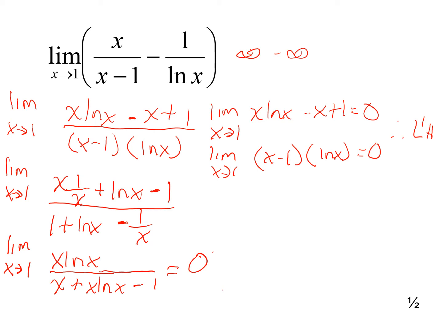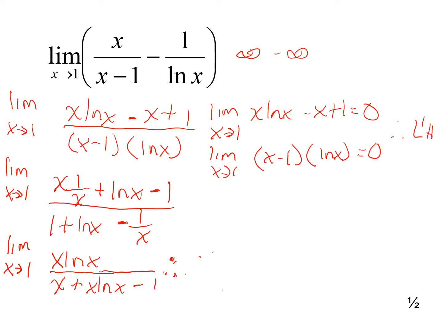Now I have to use L'Hopital again. I can't write 0 over 0, and I'm running out of space, so I'm just going to erase it, and you just know that we have to use L'Hopital again. Oh, I kind of messed up my little triangle there. We're going to use L'Hopital again, so I have to use the product rule again.